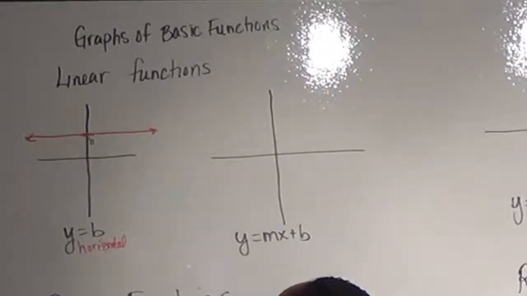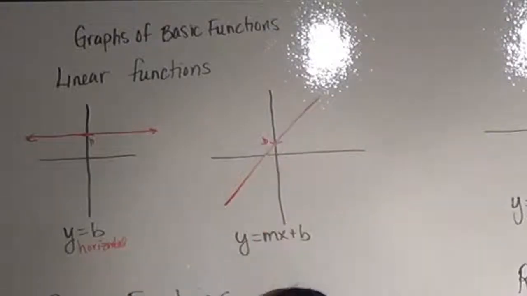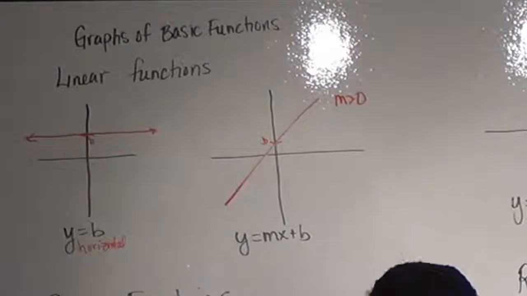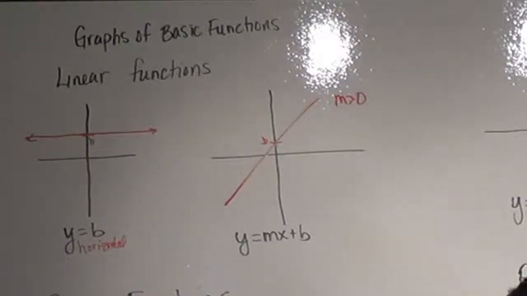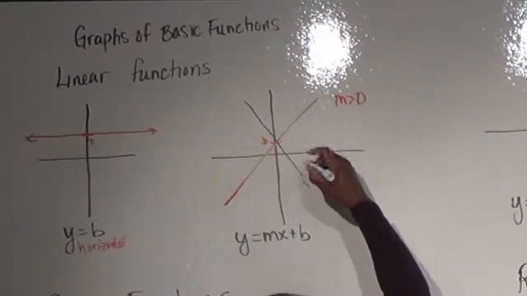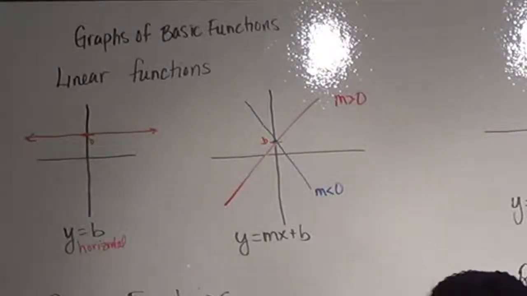So not necessarily horizontal, but something with a slope that again passes through the point b. In this picture, the way I've drawn it, m is positive, but we could also have one where it goes through b and m is negative.